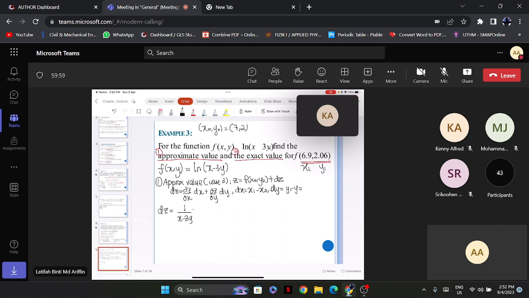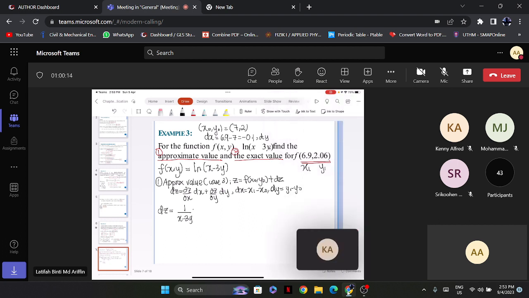What is our dx? dx equals 6.9 minus 7, that is negative 0.1. Then what is dy? dy equals 2.06 minus 2, equals 0.06.